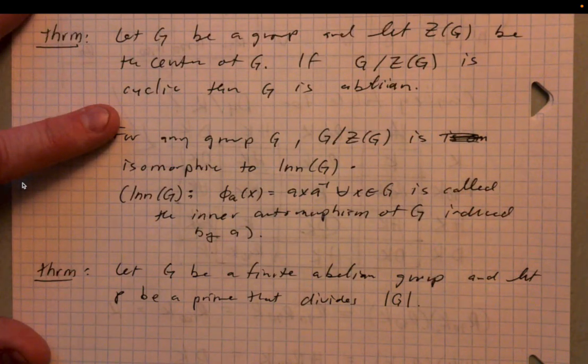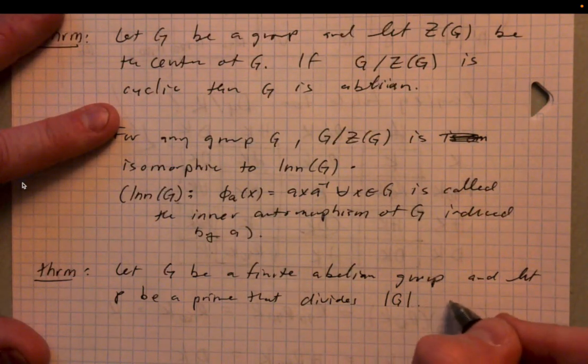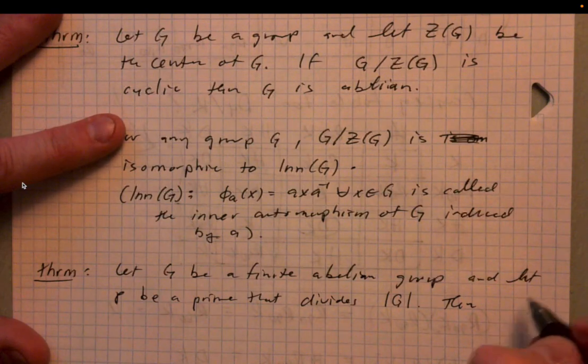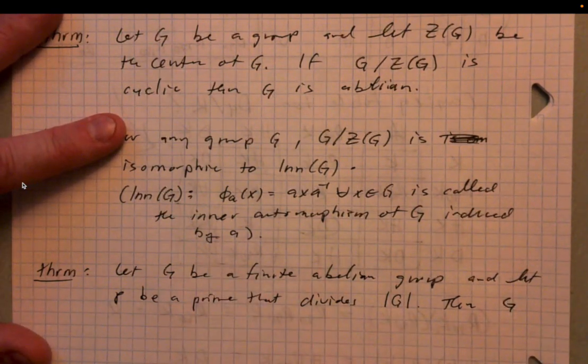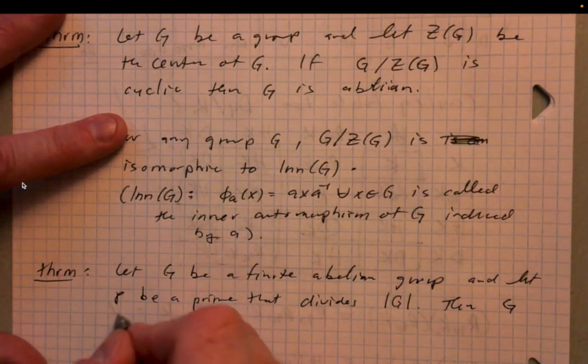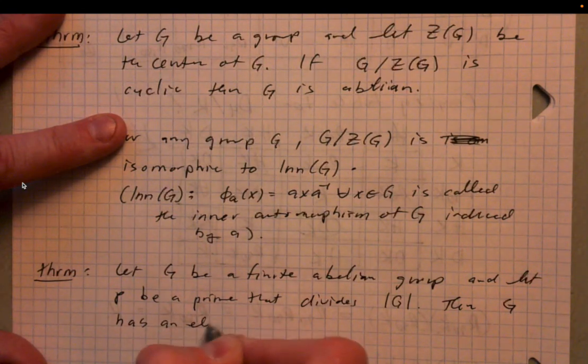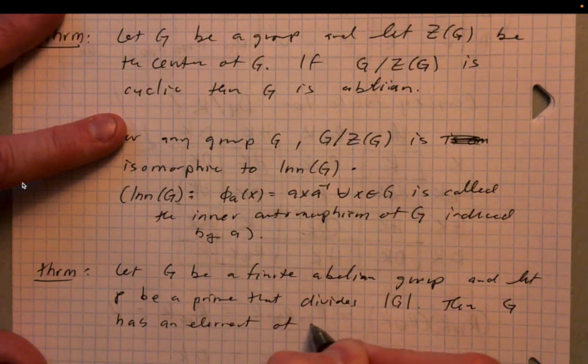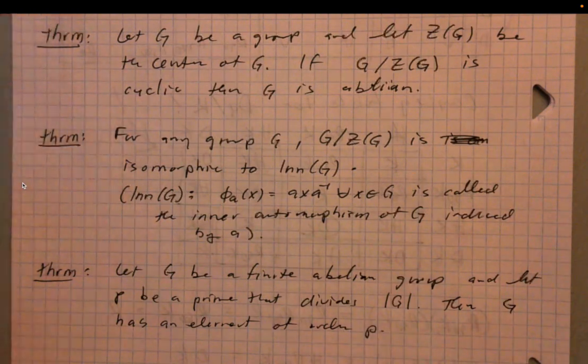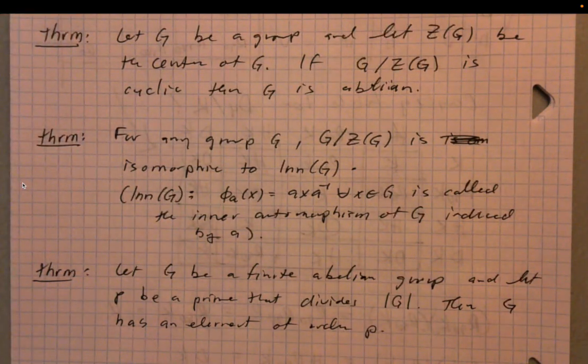Then this implies that the group G has an element of order P. So if G is a finite abelian group and P is a prime that divides the order of G, then G has an element of order P.